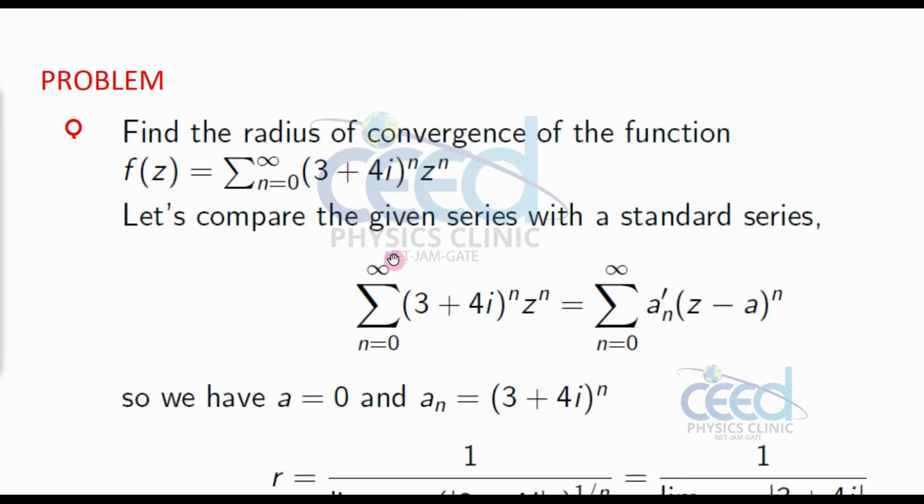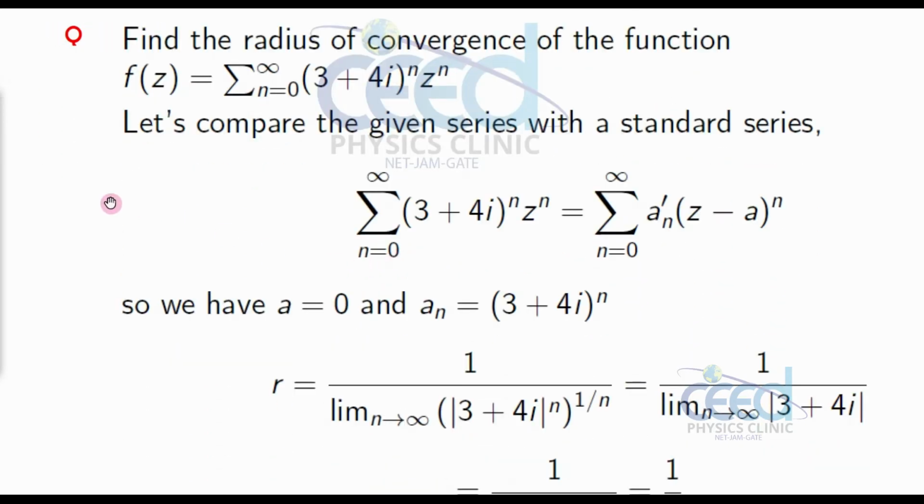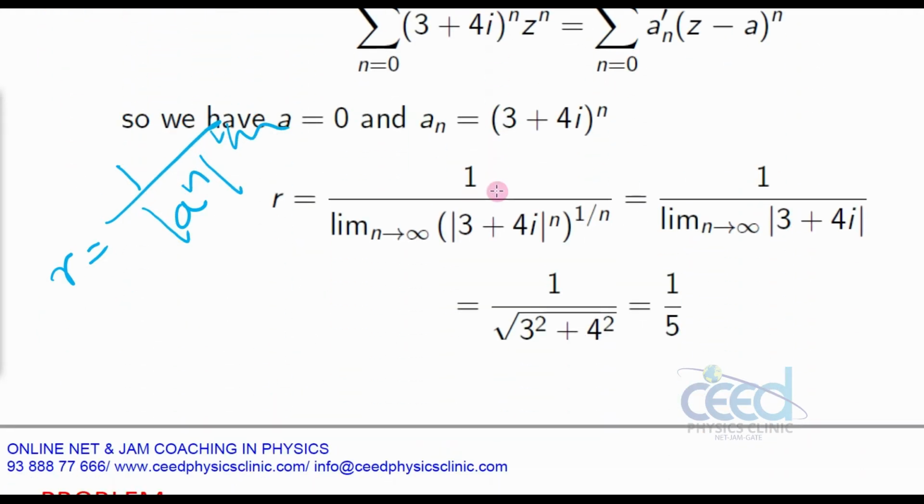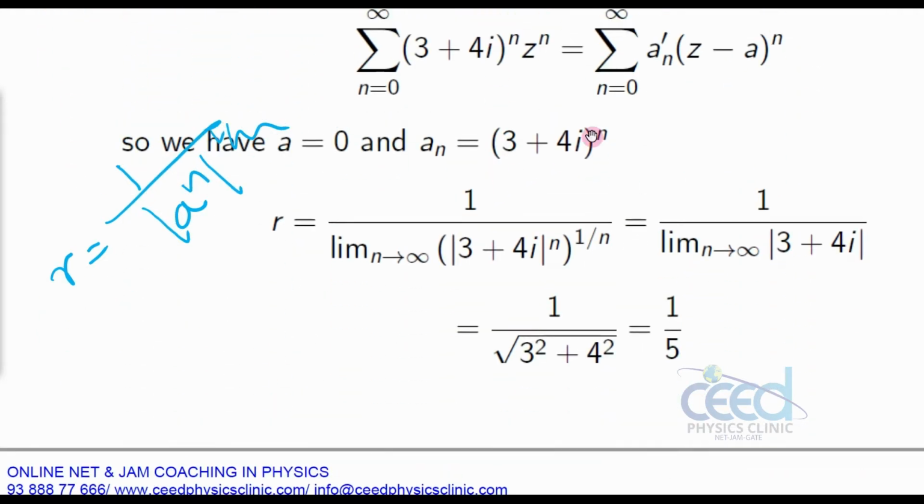Then, as I have already told you, to check the radius of convergence we have to use the formula r is equal to 1 by (mod a n) whole raised to 1 by n. This is the general expression we have seen, a n whole raised to 1 by n, and its mode we have to take, right? Here the function a n is given in the question itself.